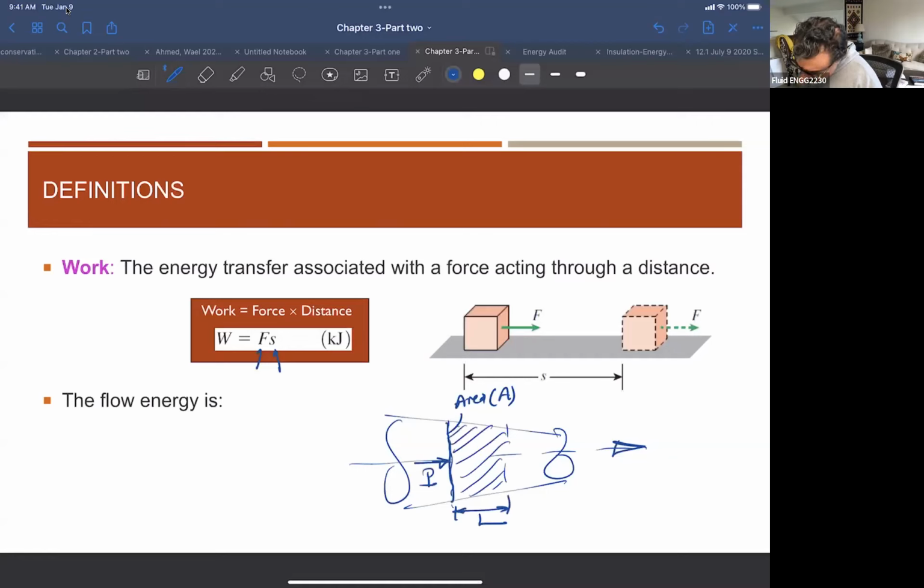So if I need to find the flow energy, the flow energy is basically a work, and this work is force times distance.